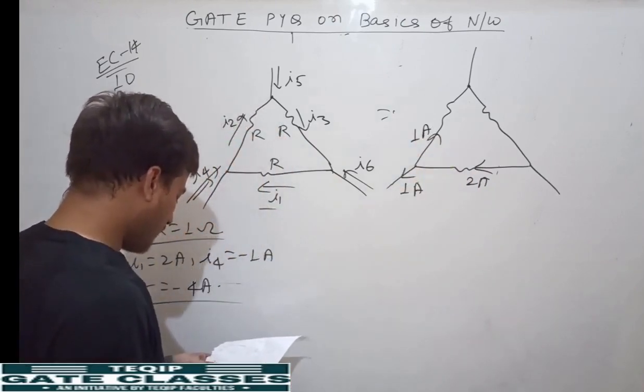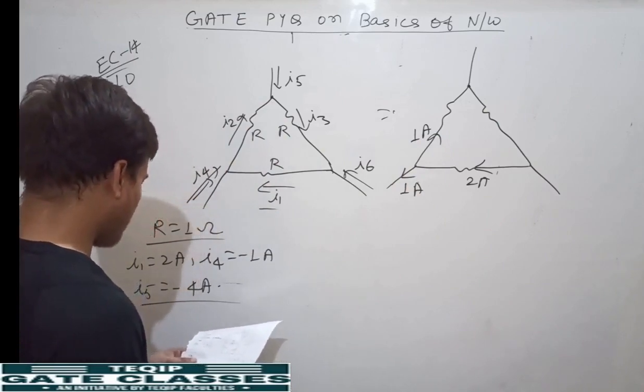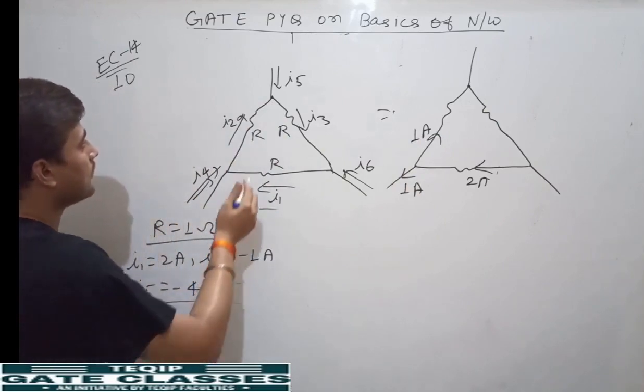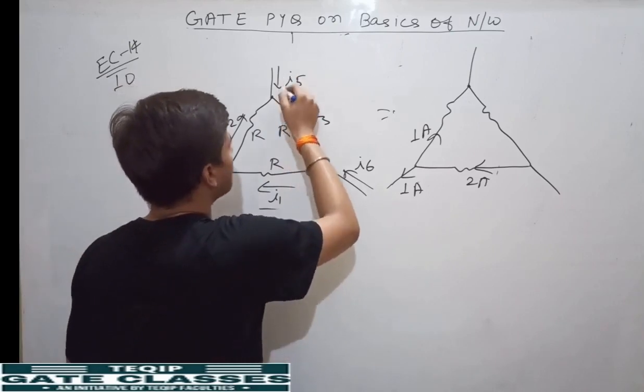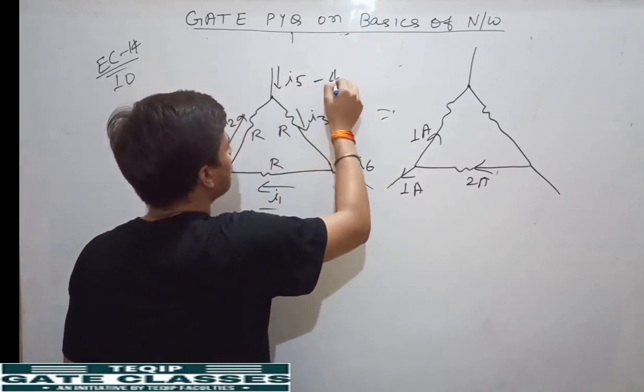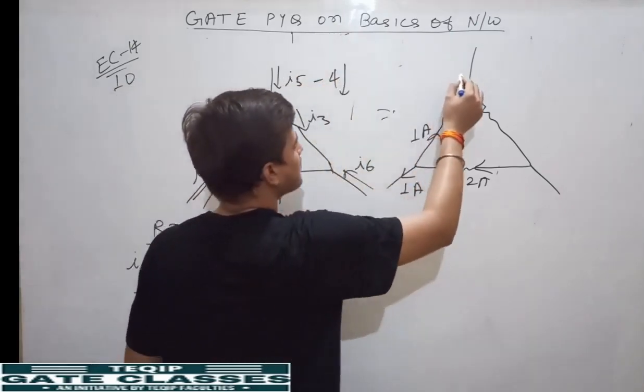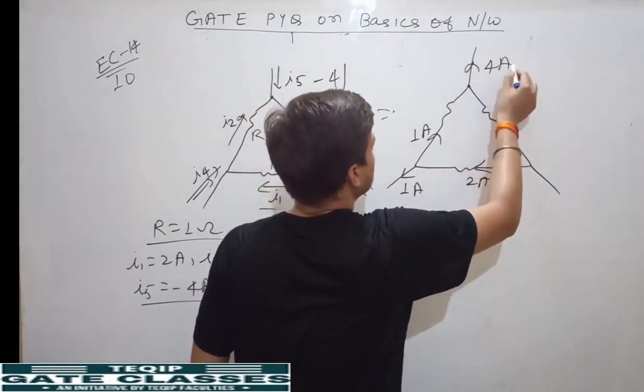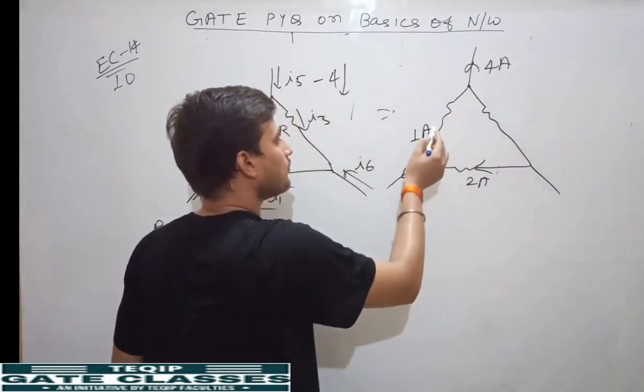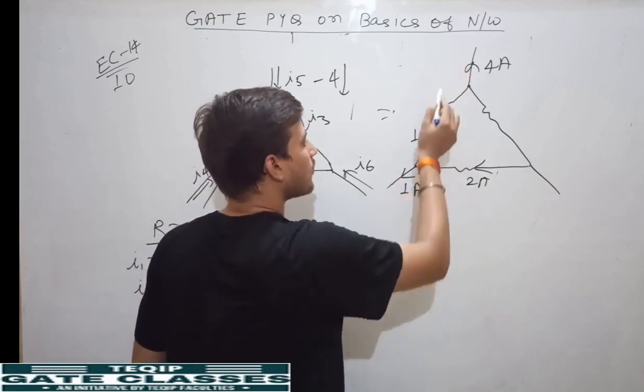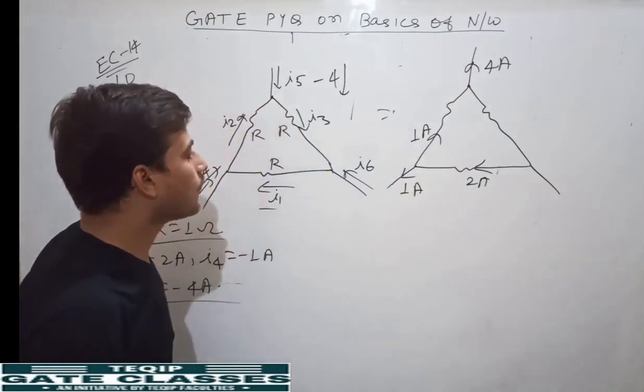Next, I5 is equal to minus 4 ampere. This current is minus 4 ampere, that means it will be in the upward direction, 4 ampere. So 1 ampere is entering, 4 ampere is coming out.